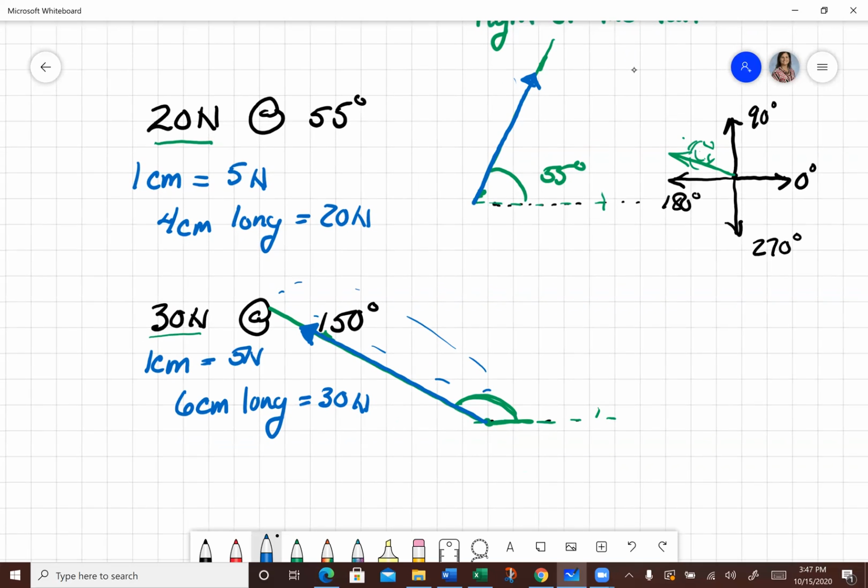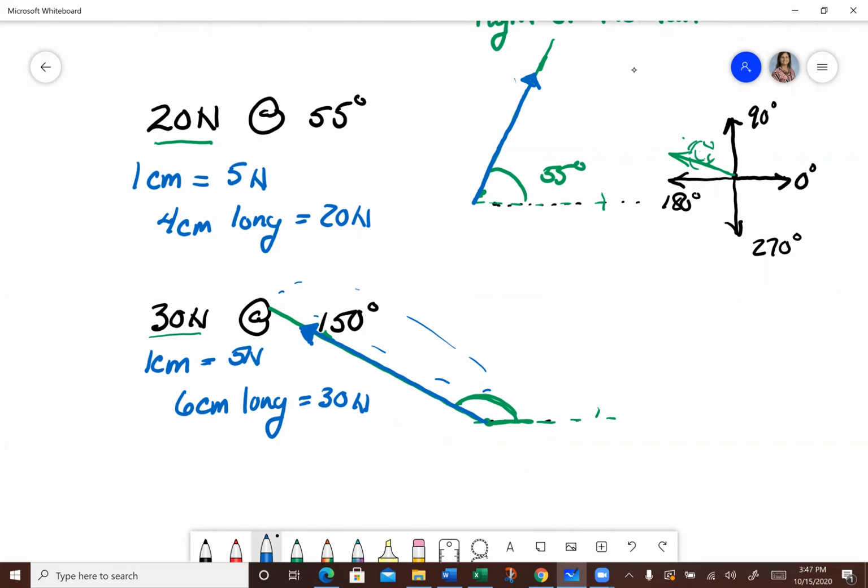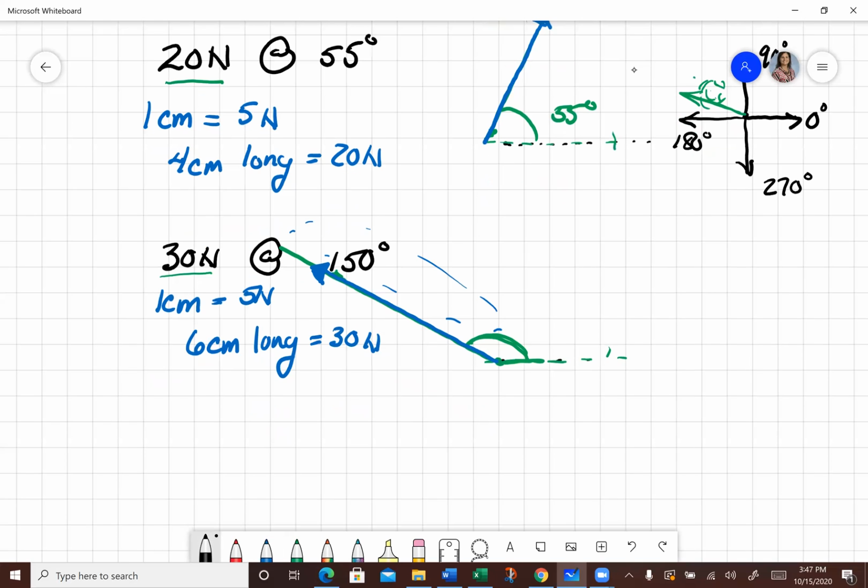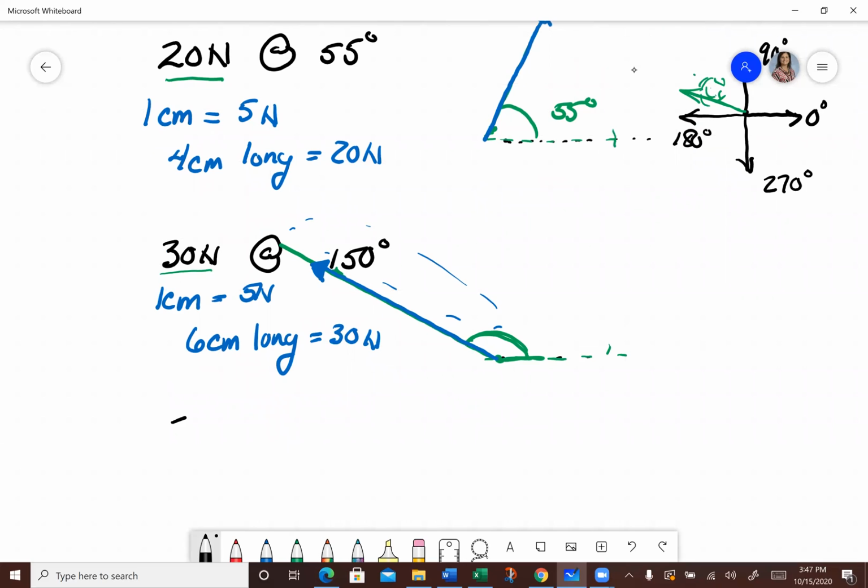So the question was the math side of it. Let's say these are 2 forces acting on the same object at the same time. So the question becomes, how do I add these? Mathematically, if I say 20 newtons at 55 degrees, and I have to add to it 30 newtons at 150 degrees, what do I get?